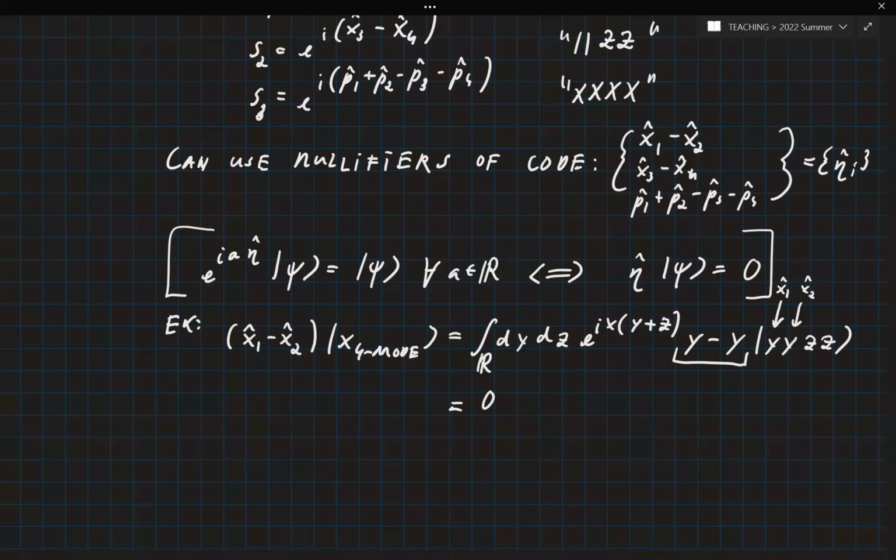So instead of measuring phases of a unitary operator like we had before with ZZII, XXXX, now we're measuring in the position or the eigenstate basis of these nullifiers, which have real spectra. They're also Hermitian, they're self-adjoint, so you can use homodyne detection for them.